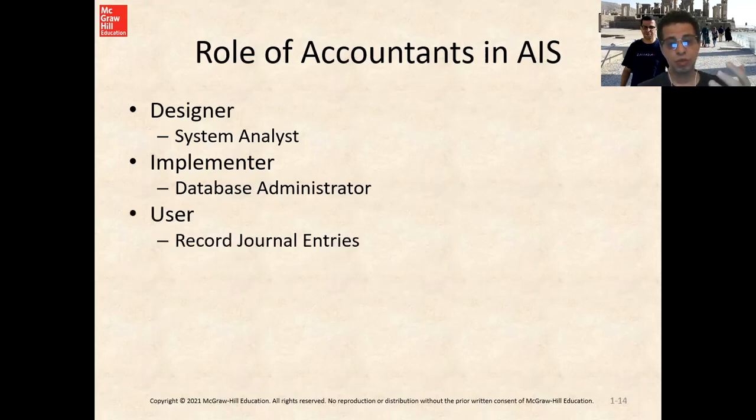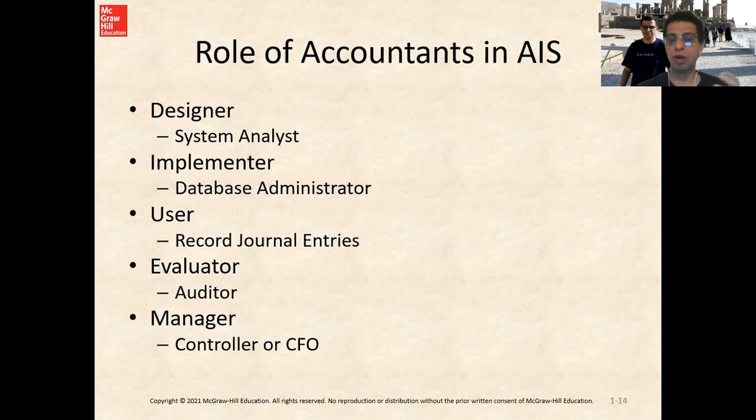Then you have the users, who record the journals and the entries. And then you have an evaluator, which is an auditor. And in Canada, we approach through utilizing all these processes, utilizing GAAP, generally accepted accounting principles. And then you have the manager, which could be a controller or chief financial officer, CFO.